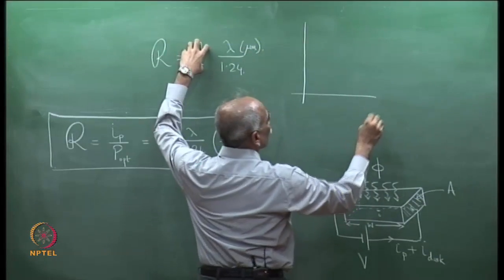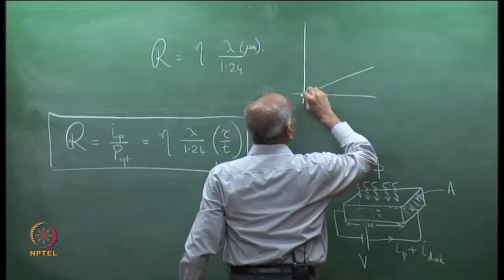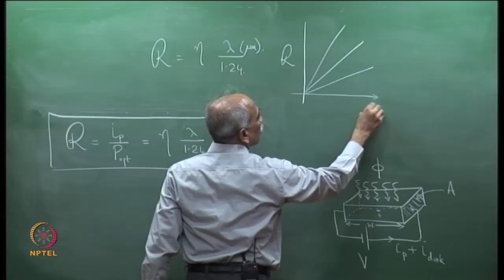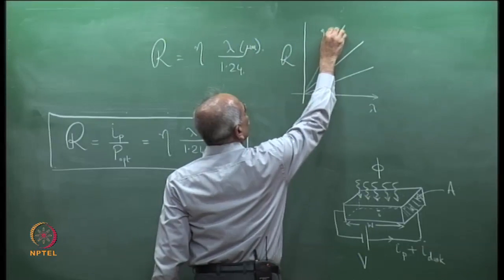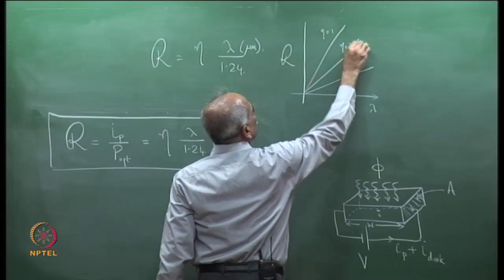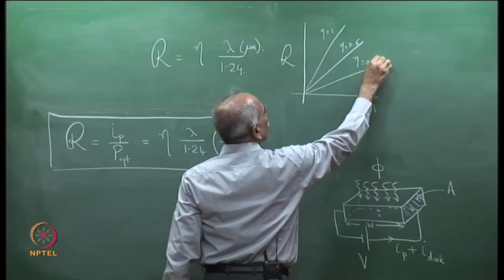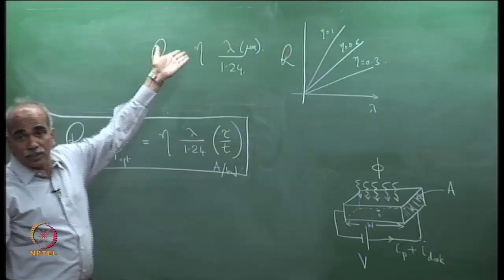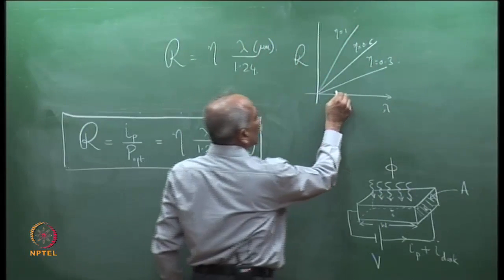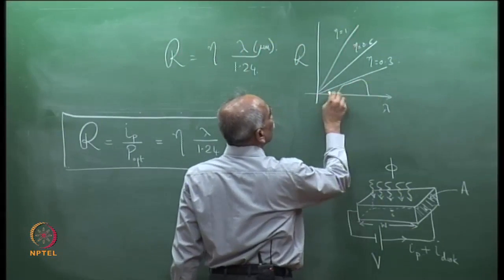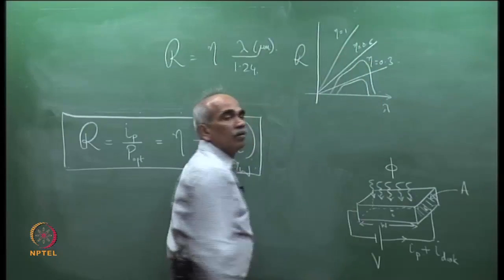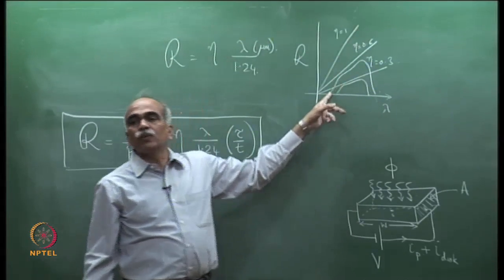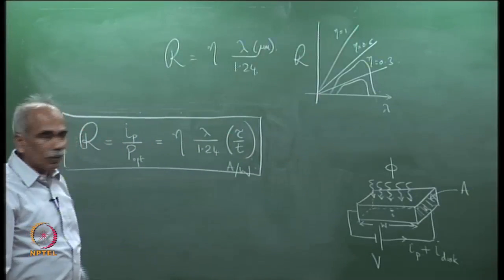If eta was constant, then we drew responsivity R versus lambda for different values of eta: eta equal to 1, 0.6, 0.2. And then in the following lecture, we discussed the dependence of eta on wavelength, and we got responses like this, because there was a long wavelength cutoff, and eta also decreased down to 0 near short wavelengths.